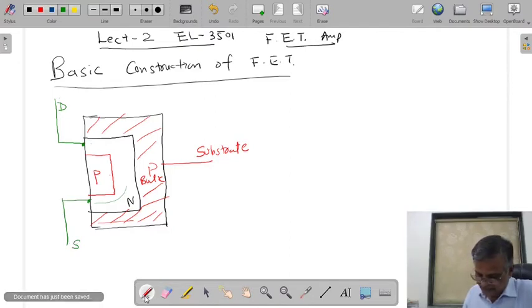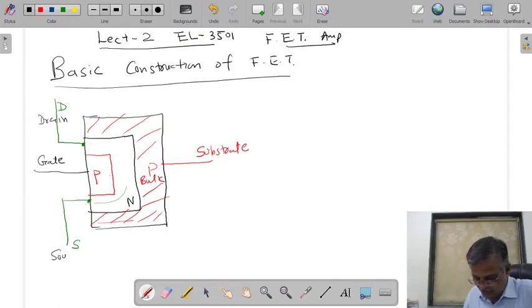and this is called gate. This is called drain, so I am writing D here. This is called source, so I am writing S here. So it has three terminals: gate, drain and source. So what is the source?